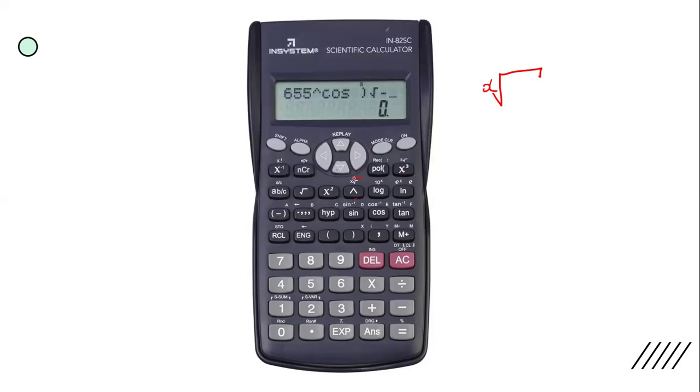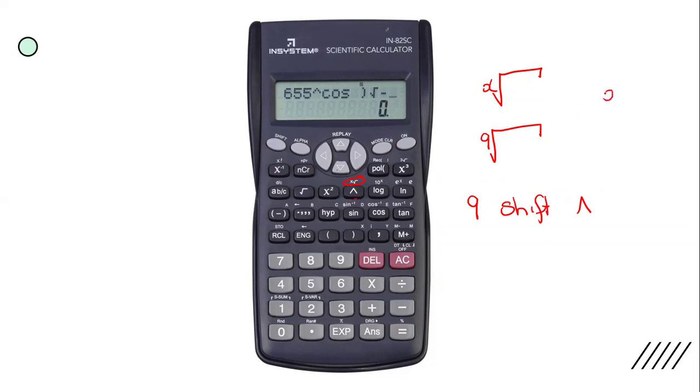So to get to it, we need to first click on the number itself, whatever value we want. So if we're taking the 9th root, we would first click 9, then the shift button, then the power button.